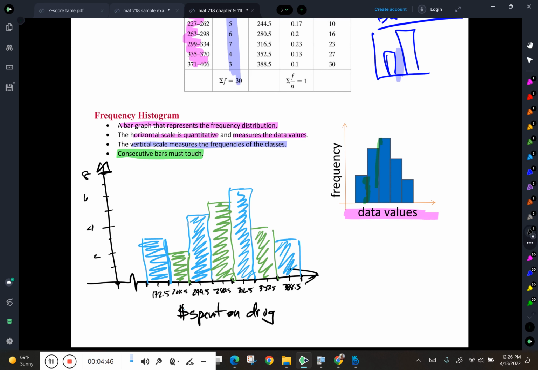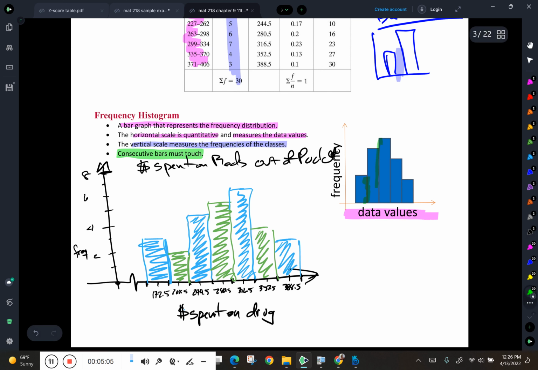Over here, I have my frequency, and then this is the dollars spent on meds out of pocket. Okay? So I gave my graph a title, I gave my axes labels, and I drew in my graph. I used up all the space that was given to me because I like to make big, giant graphs and use up all my space.